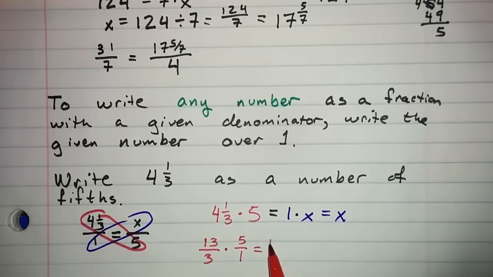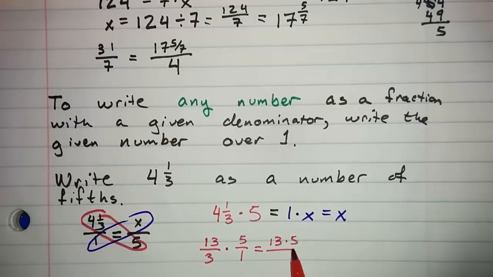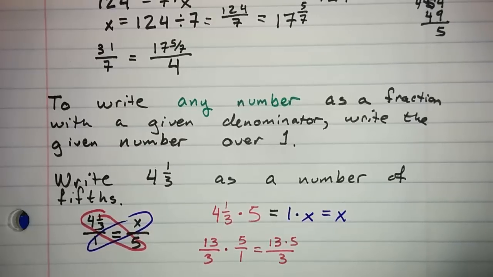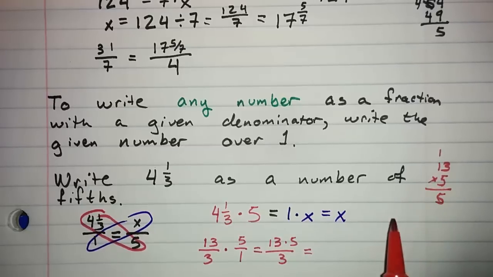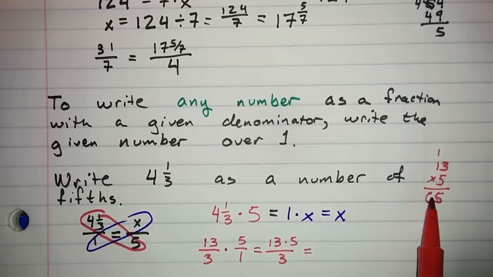So I'll have 13 times 5 thirds. No simplifying this, right? Because 13 and 5 are both prime. So I'll have 5 times 3 is 15. 5 times 1 is 5, 6.